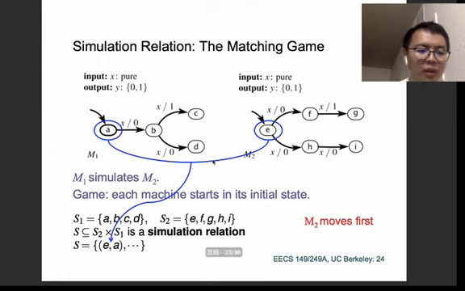So first of all, let's start the matching game. Each machine starts at the initial state, and you put the pair of the states into the simulation set.